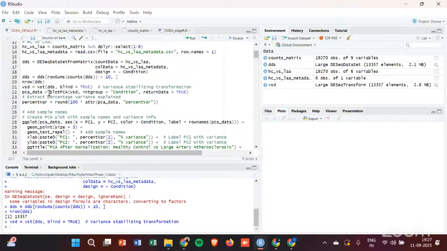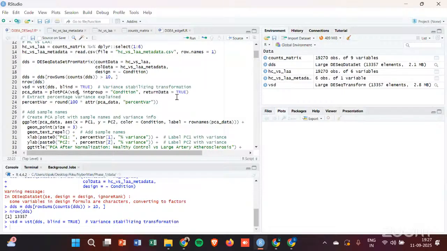DESeq2 actually has a function for you to plot PCA. In this function you have to give the variance stabilized transform matrix, as well as the group by which you want the PCA to come back. In our case, we want the PCA to separate my samples based on condition.